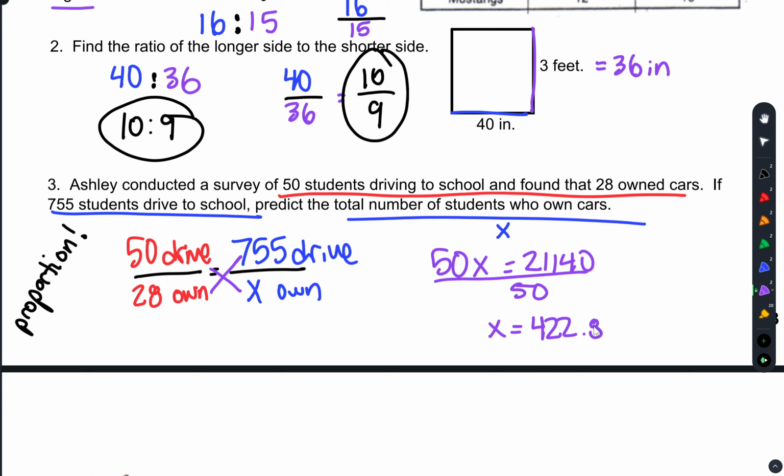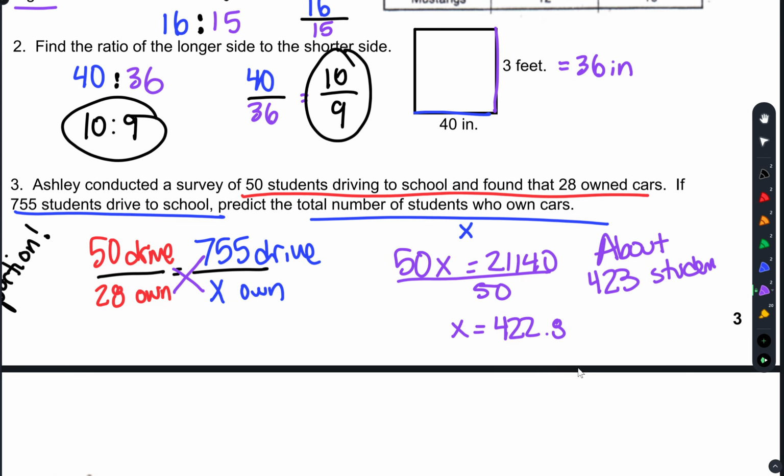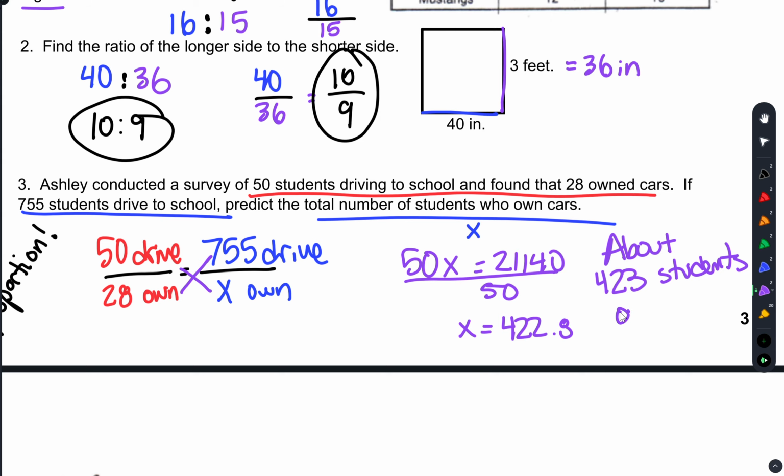Can we have 0.8 of a student? No, so we have to round this up. I'm going to say about 423 students own cars. Any questions on that?